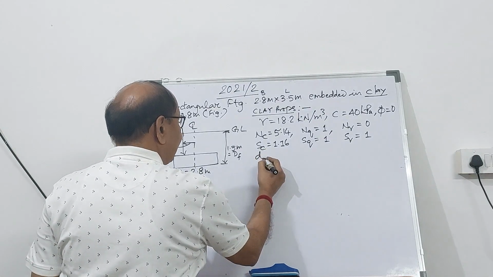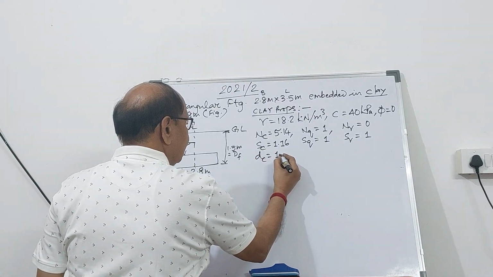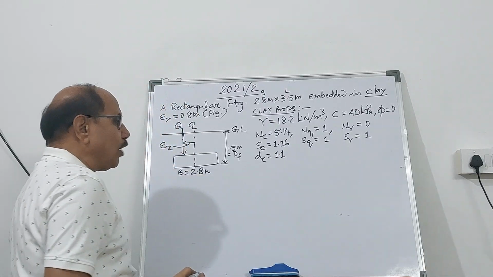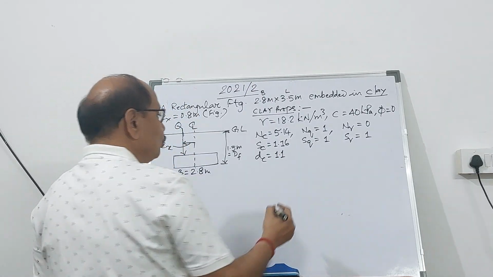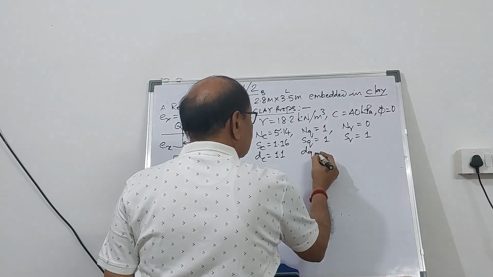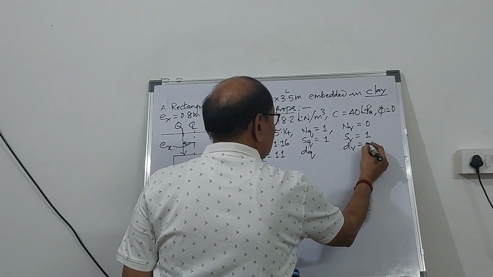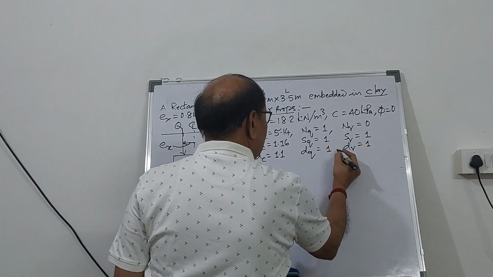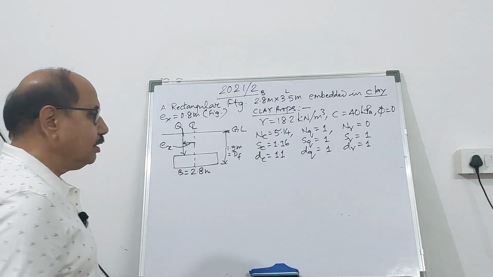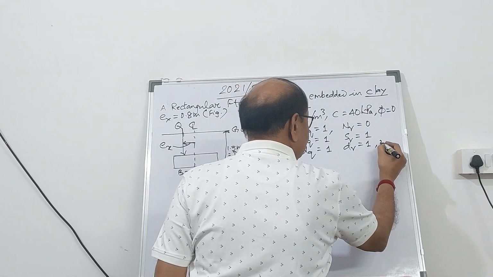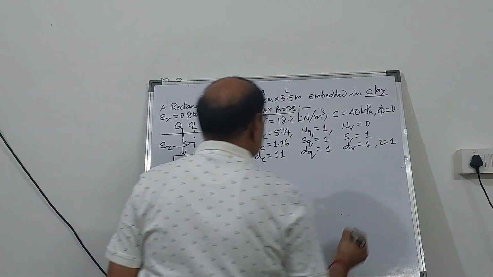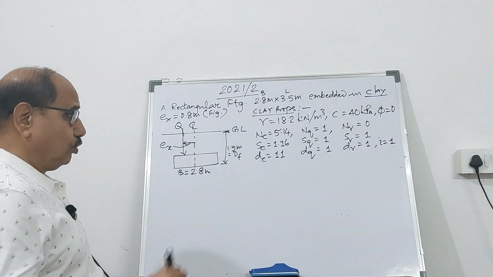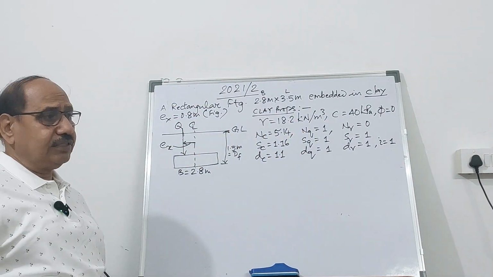DC, the depth factor, is given to you as 1.1, and DQ, D gamma are given to be 1, and the inclination factor I is also 1 because the load is acting vertically in the downward direction.